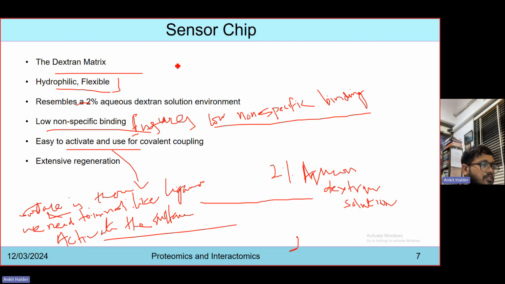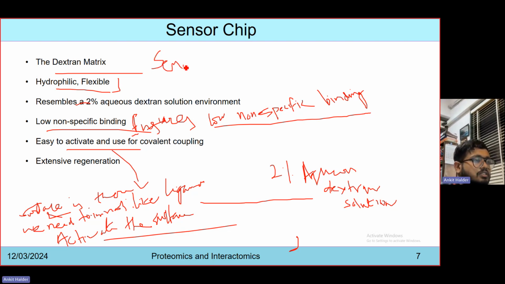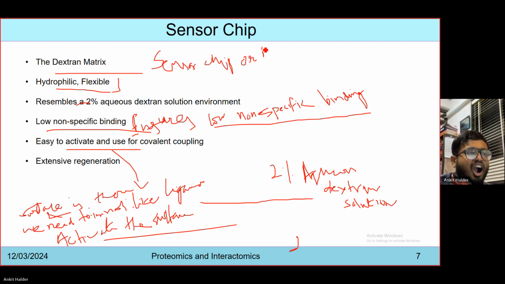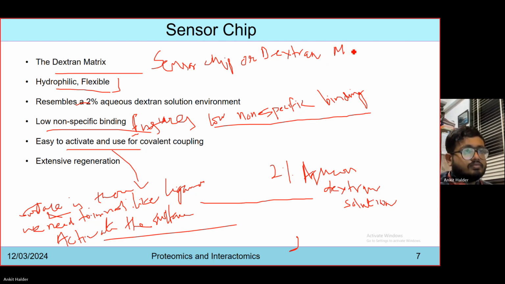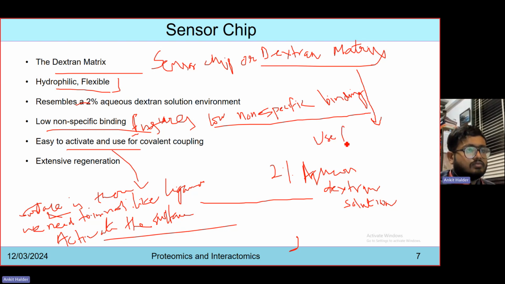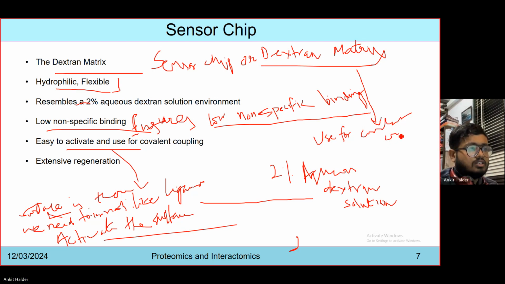So this matrix for the sensor chip can also be used for covalent coupling.